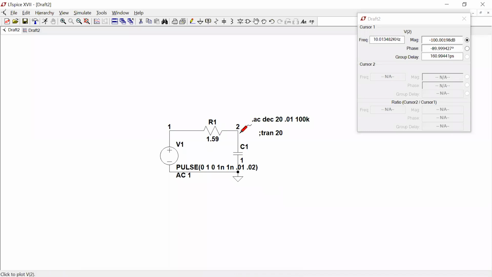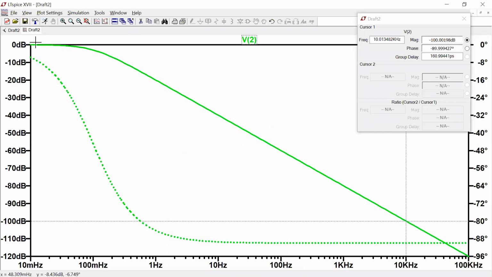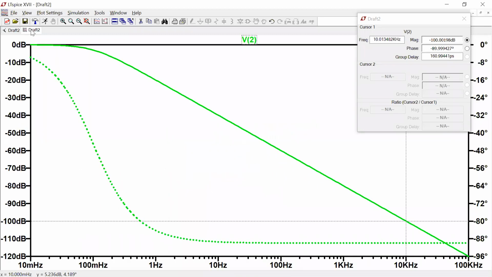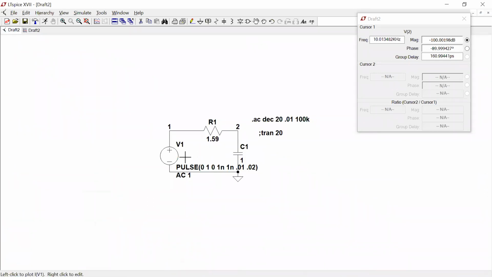But no, this is just a low pass filter. And the reason why it's headed towards, so the DC part, right, is VP divided by 2. So in this case, V peak is 1, right? So it's going to go to V peak divided by 2.